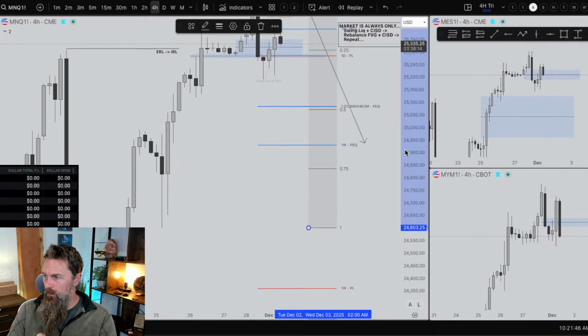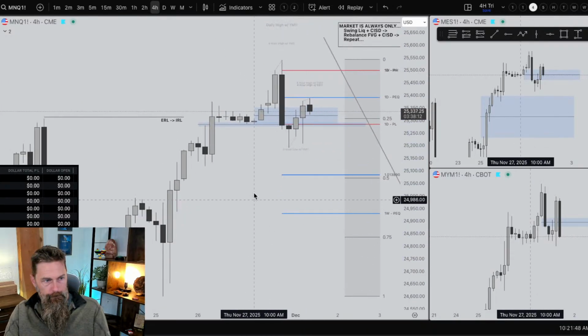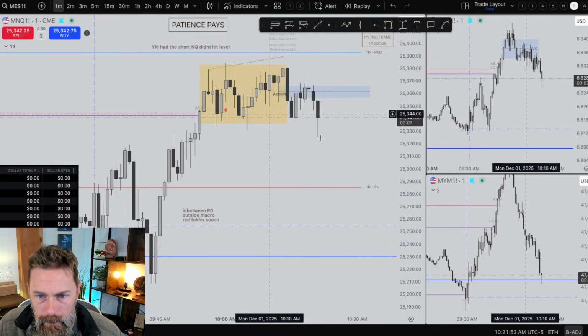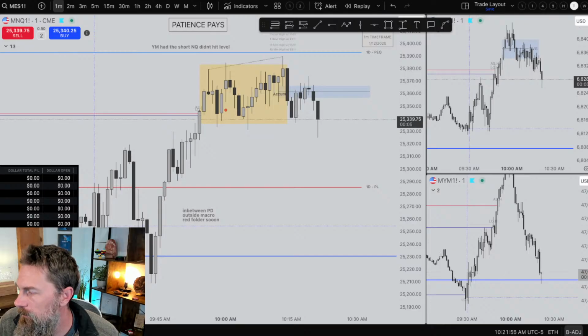Oh, looks like we're starting to get some movement. All right, so liquidity has been taken down in there. I like that on the 15-minute.